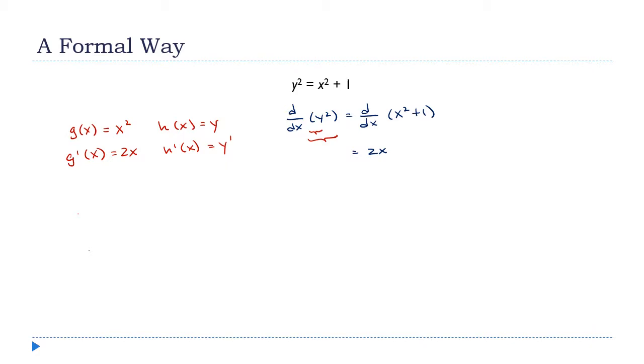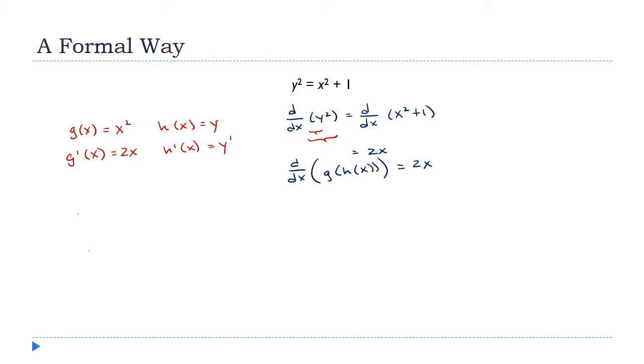All right, so look at what I have here. What am I asking for? This is the derivative with respect to x of y squared, which is g of h of x, and it still equals 2x. Don't lose track of that right-hand side. I know we're not changing it anymore, but don't forget it's there. Keep writing it.